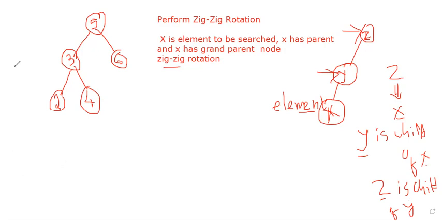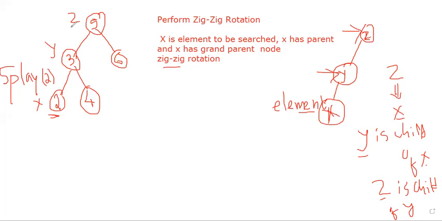Now here you want to splay the element 2. This is the element you want to search. Here is x, here is y, and here is z. So x is the element to be searched, y is the parent, and z is the grandparent.